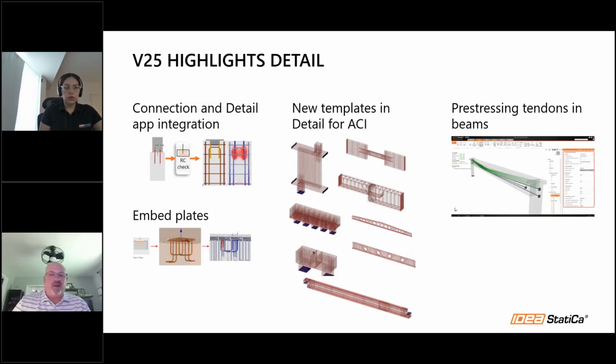Whether it be walking columns, coupling beams, piers, or beams with openings, we have a bunch of new templates within the software to use for concrete. And the final thing is that we're now able to put pre-stressing tendons into beam designs, so you're able to do some pre-stressing of the concrete member within Detail. So those are just some very quick highlights of version 25.